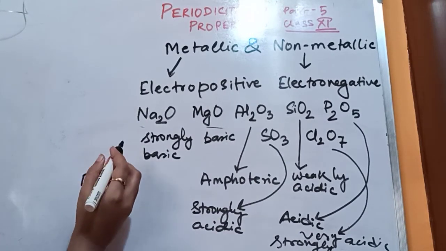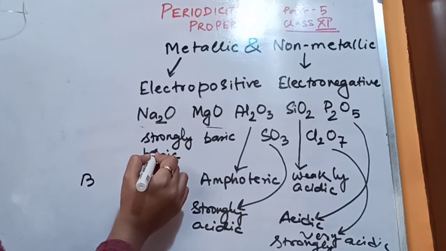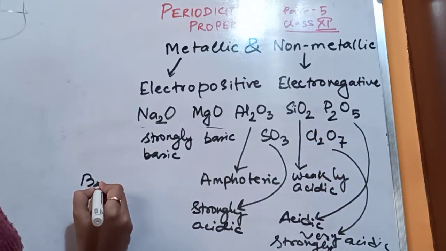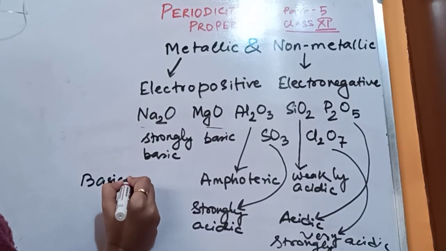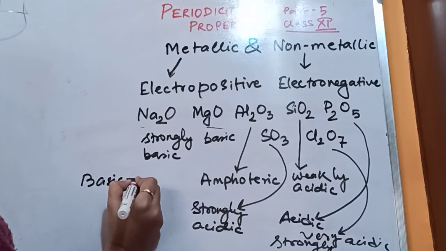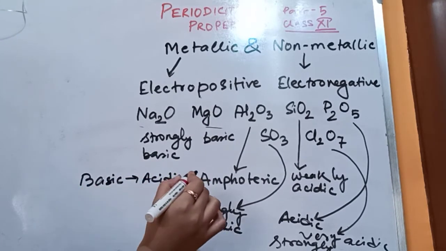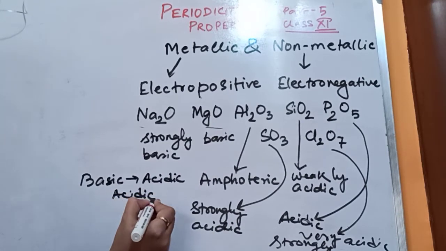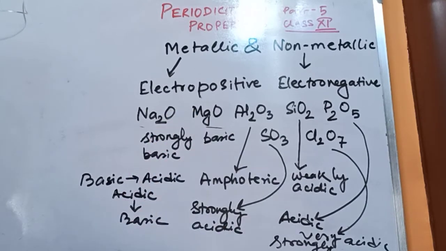So the electropositive elements form basic oxides, and the electronegative elements will form the acidic oxides. So the oxide character changes from basic to acidic across a period, and down the group from acidic to basic. From here only we can understand.